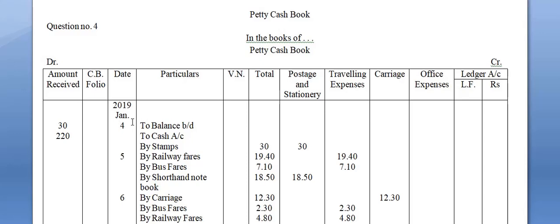So on 4th, there is a petty cash balance of rupees 30. And whatever money you receive, you will record on the debit side out here.